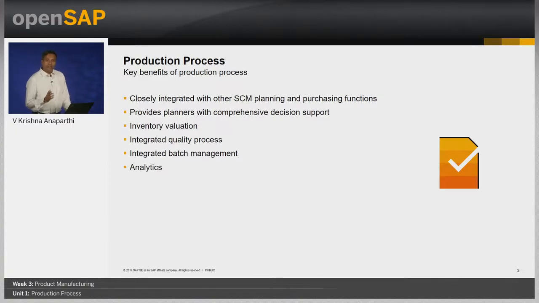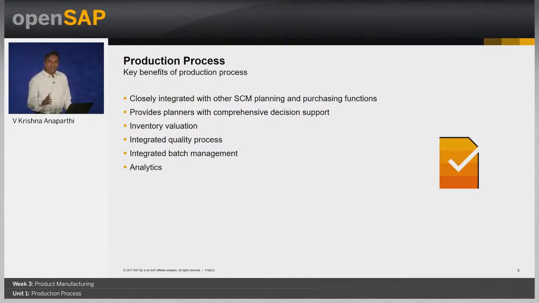Having understood the production flow, let's understand what are the various benefits SAP production process offers. Production is closely integrated with purchasing and planning functions of solution. With the features of material flow and exception handling, it provides planners with comprehensive decision support.